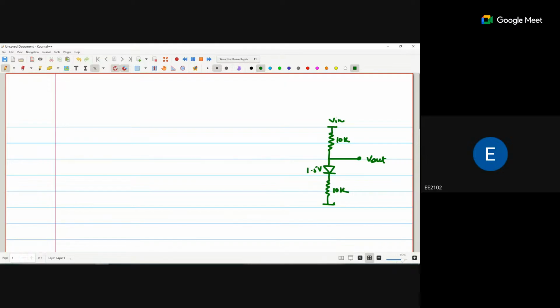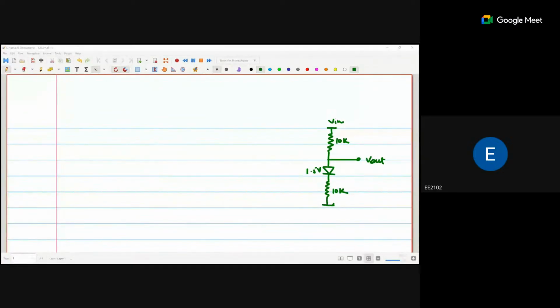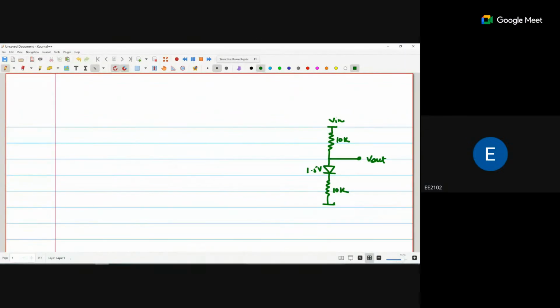Now the input voltage varies from 3.2 to 4.2. That is the question.